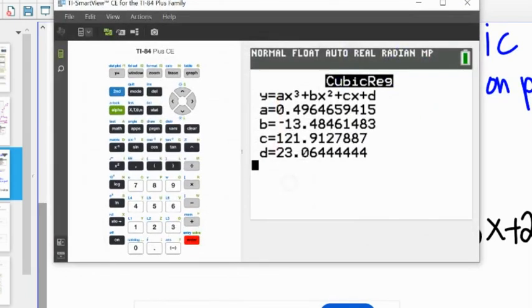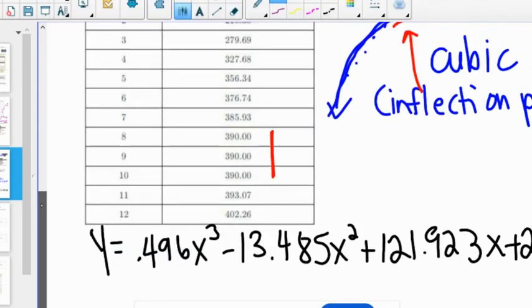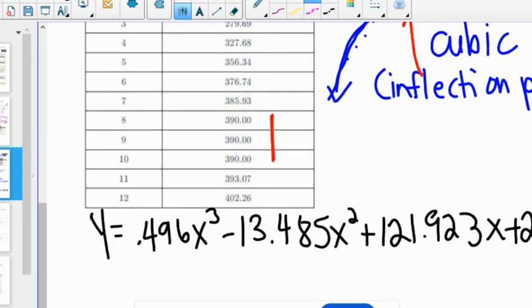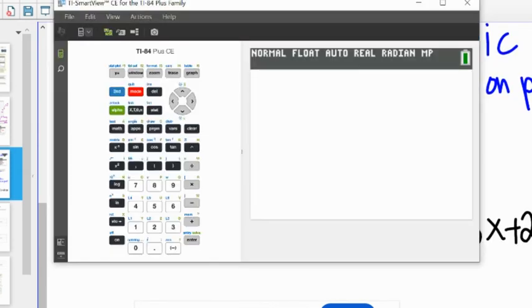And we see, again, just coming from the calculator there. Now, our last piece is they want us to use this to calculate what we predict in year 18. So we can plug in for x our value of 18 to see what that estimated output value will be. So we bring that to the third.